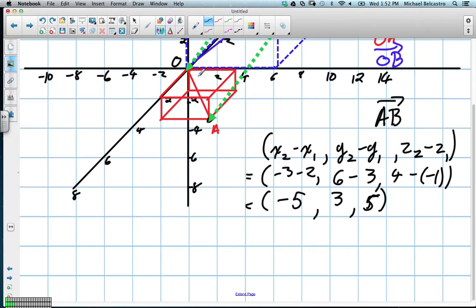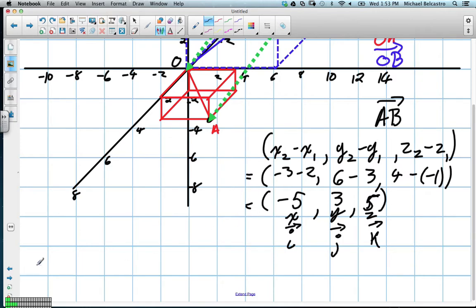Now, what this is important for, if we were to draw this as unit vectors, right? Remember, these x's are represented by unit vector i, our y values represented by unit vector j, and our z's are represented by unit vector k.